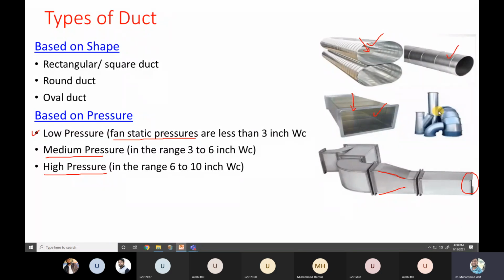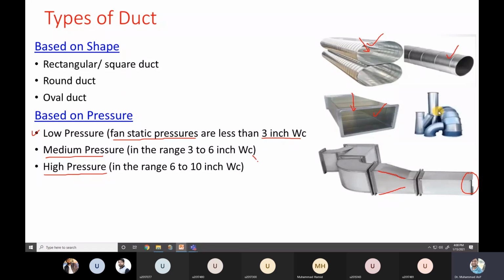This classification is based on the fan static pressure. If the fan static pressure is less than 3 inch of water column, it is a low pressure duct. If the pressure is between 3 to 6 inch of water column, it is a medium pressure duct. And a high pressure duct is between 6 to 10 inch of water column.